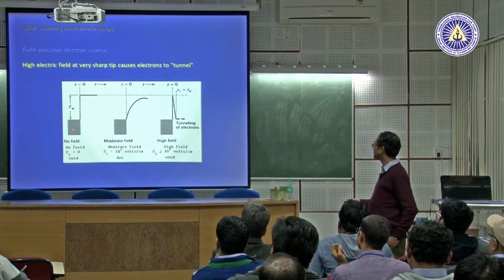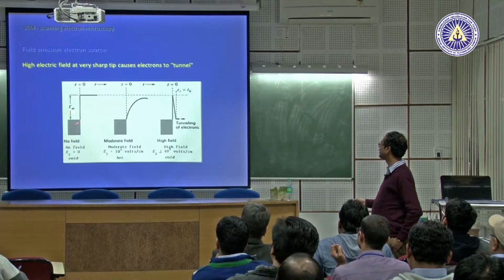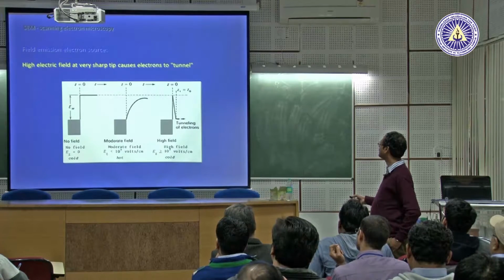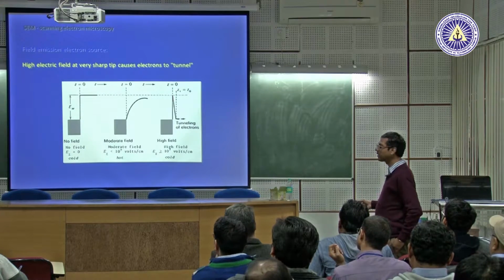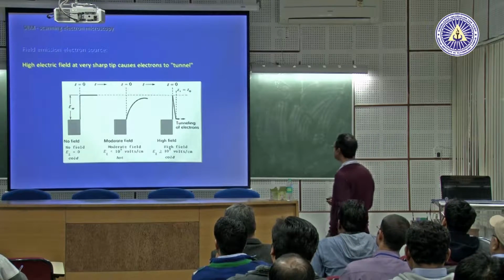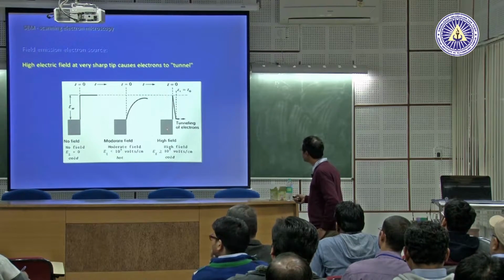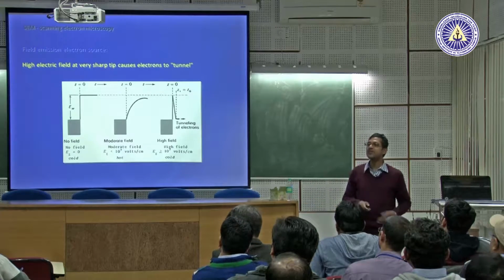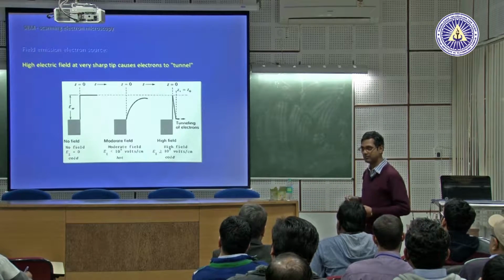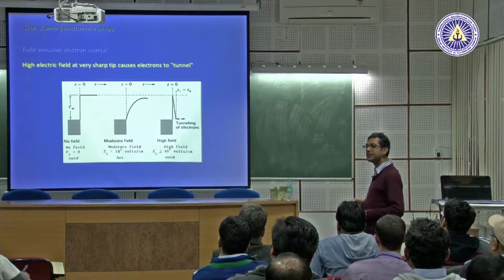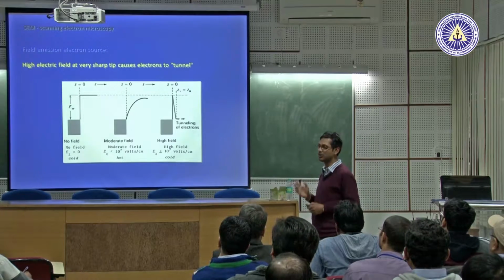If you have a source which contains electrons and you apply a voltage, what will happen? If you apply a huge voltage between the source and the lens, then according to quantum mechanics the electron will just tunnel, meaning it will simply run through. If you do that, you can create a very, very high source of electrons.